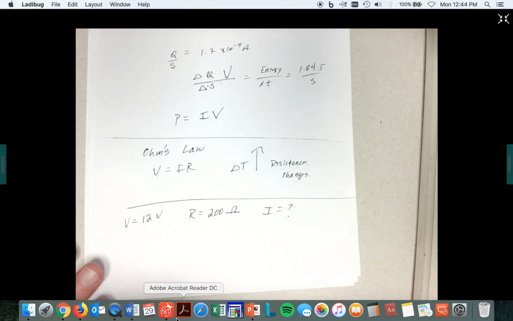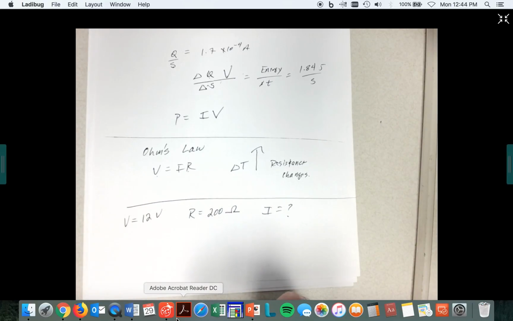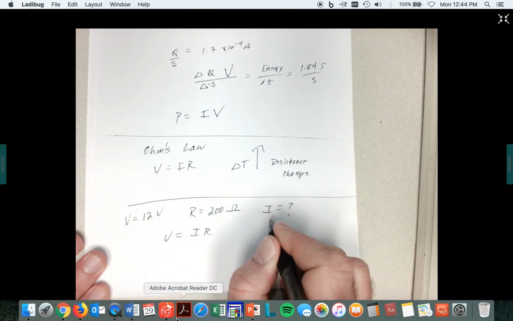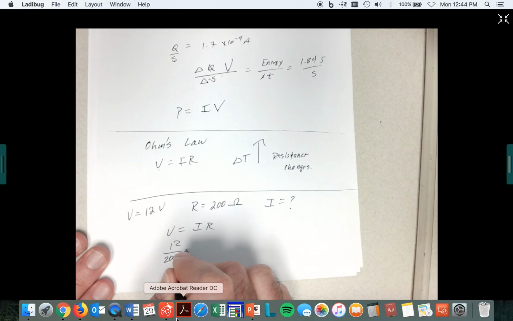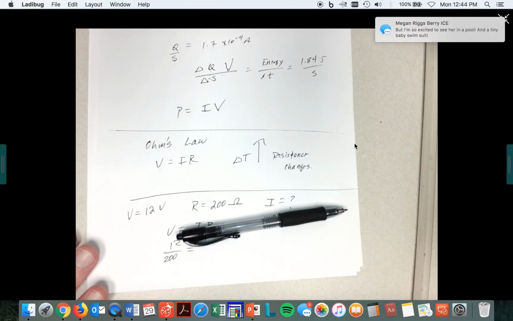Really? Jiminy Christmas. That's got to be my daughter. She sends one message at a time. Anyway, or one sentence at a time in her text. Anyway, so I'll say, well, V equals I times R. So to find the current, well, it's just 12 over 200. Which is equal to, you don't need to see the text.